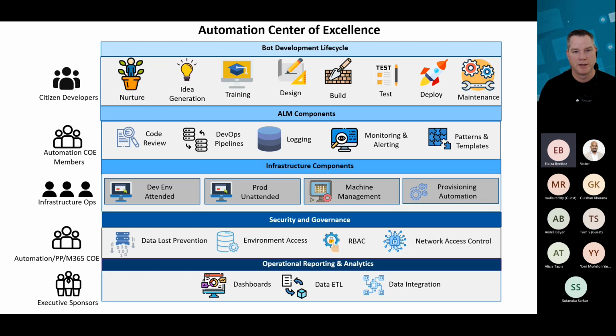Now, what we're trying to do here is, much like we want to democratize who can build apps and cloud flows and chatbots, we also want to democratize who can build RPA bots. The way we see this is establishing a center of excellence. The purpose is that you want to scale automation across your organization.